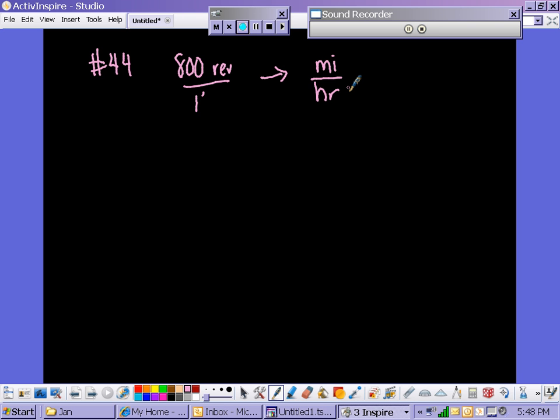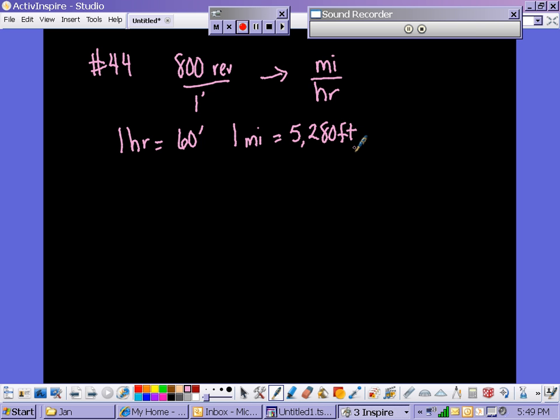This is where that previous math comes in handy, and those conversions, but you can always look these conversions up. We have revolutions, we've got to get miles, and we've got to get hours. Well, we know that 1 hour is equivalent to 60 minutes. In order to get miles, we know that 1 mile is 5,280 feet.